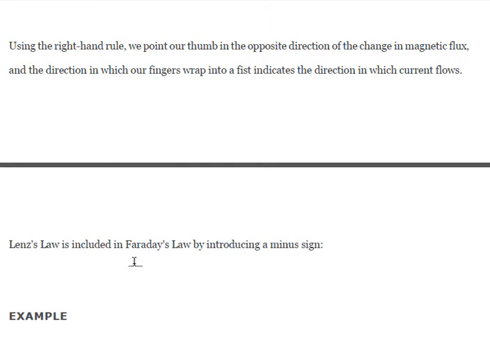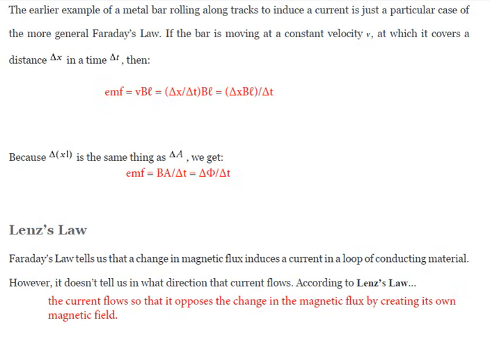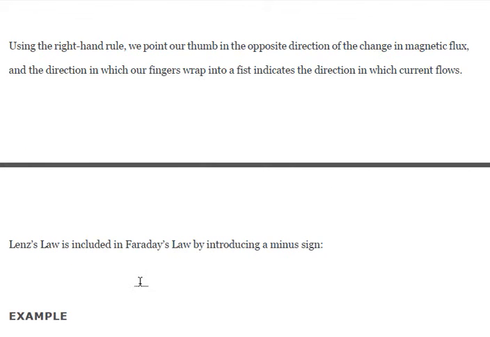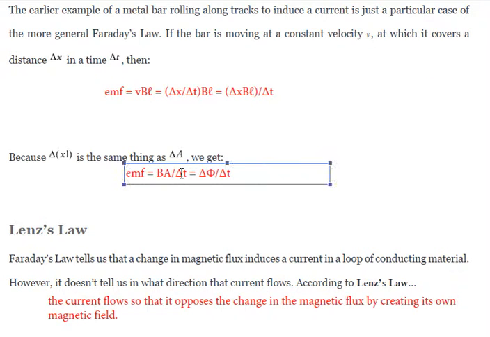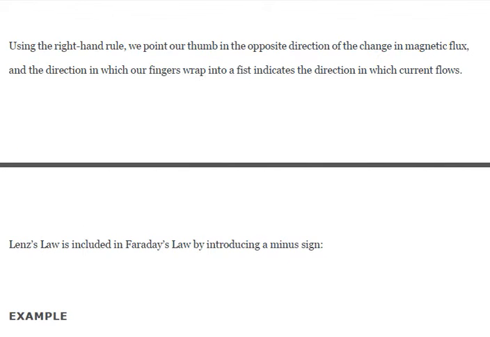So we can actually just make one tiny little change to Faraday's law to get Lenz's law. So let's grab Faraday's law. Okay, apparently I can't do that, so we'll go ahead and do this. There we go. Alright, I'm going to get rid of this stuff in the middle.